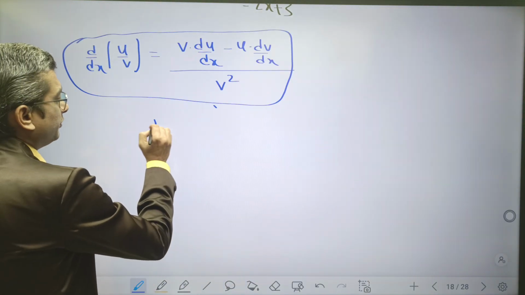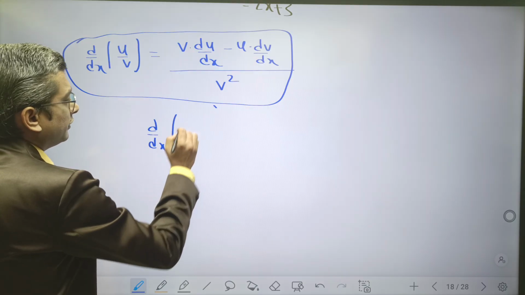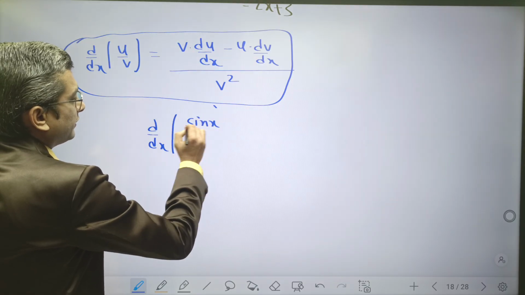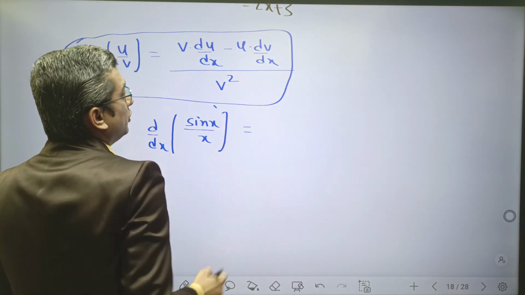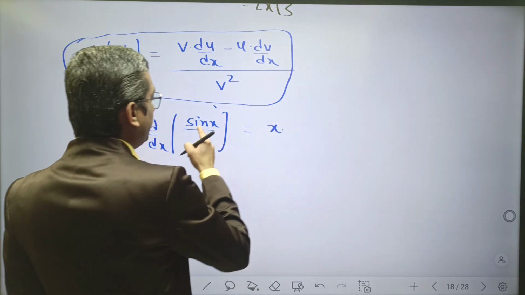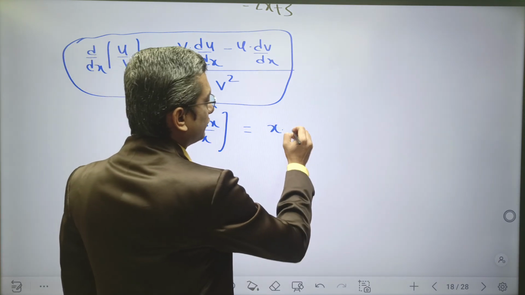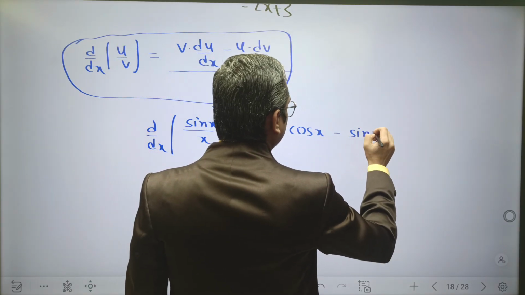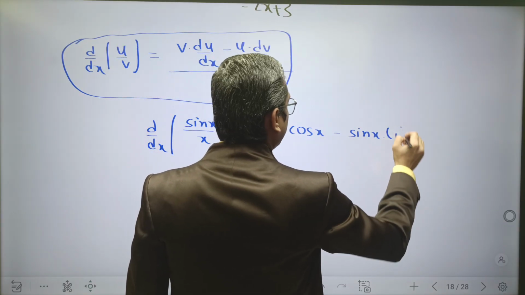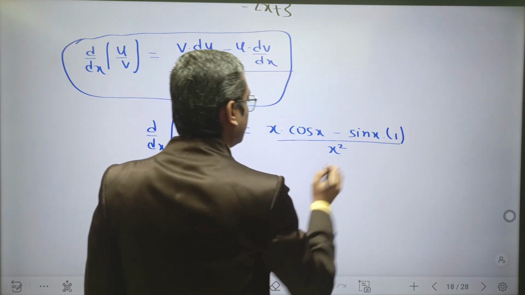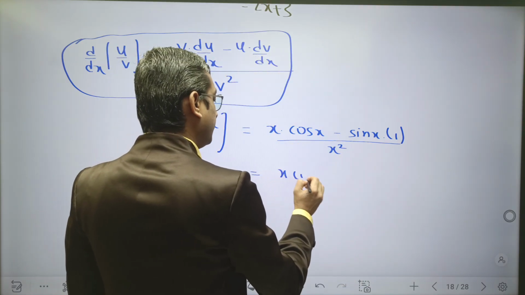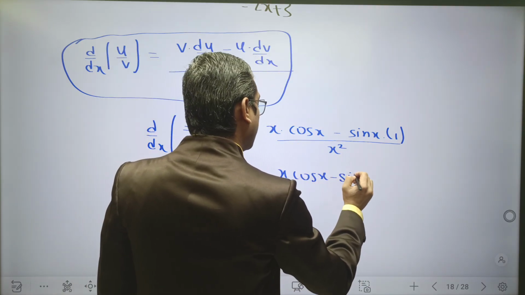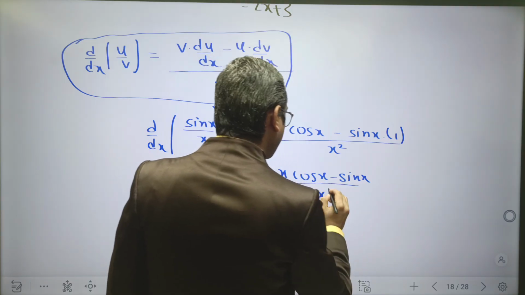For example, d by dx of sin x by x. Differentiating the sin x, we have cos x, minus u, that is sin x, differentiating the denominator is 1, whole divided by x square. So this is the answer, that is x cos x minus sin x divided by x square.